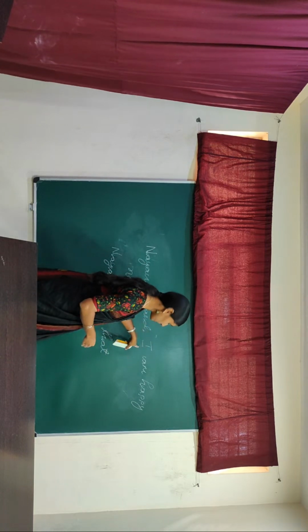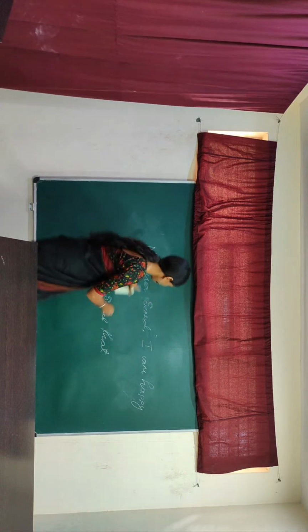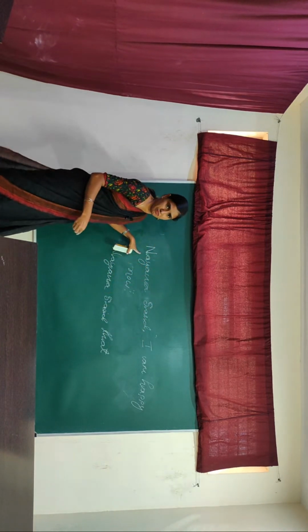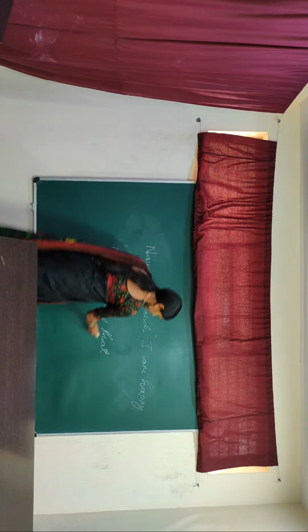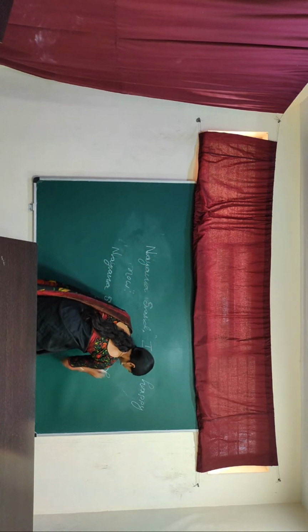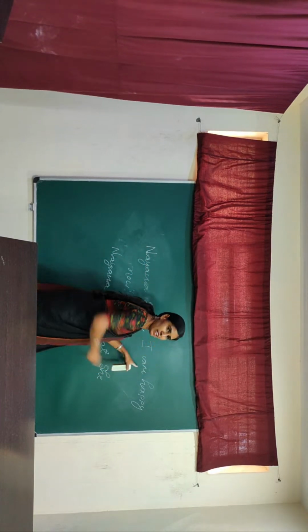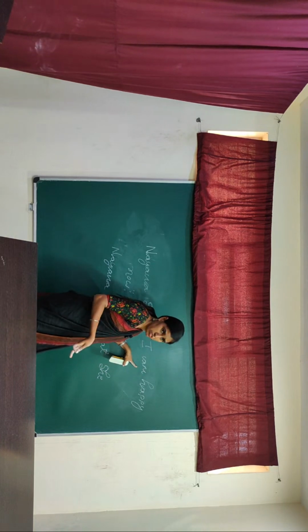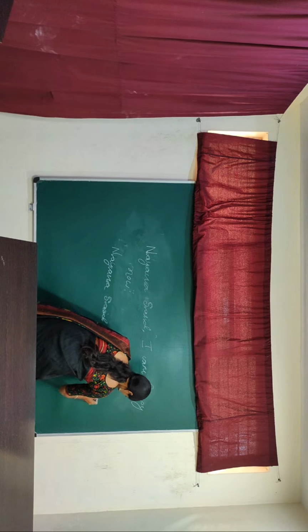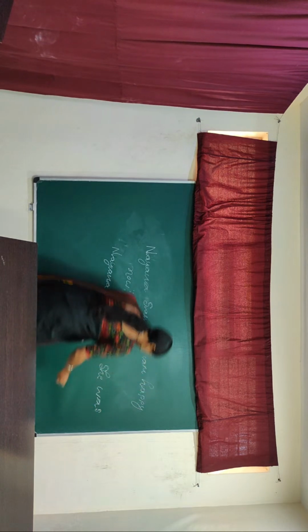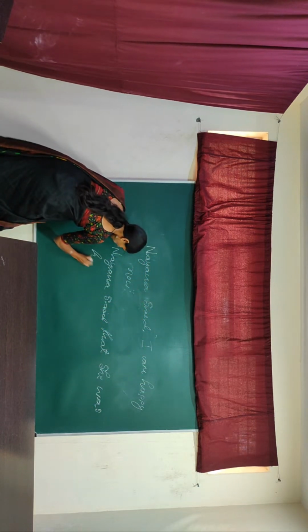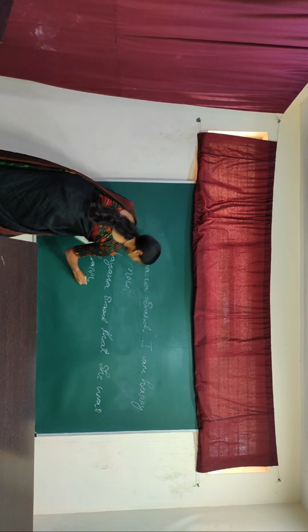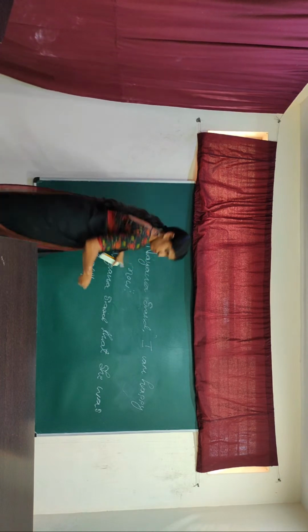And now we are changing. I is going to become, see Nayana, whether he or she. Nayana said that she, am, that is present. So now we have to change it to past. She was happy, and now is going to become then.